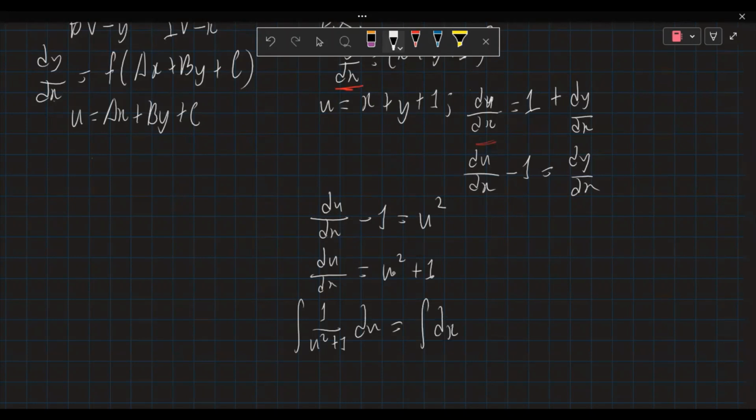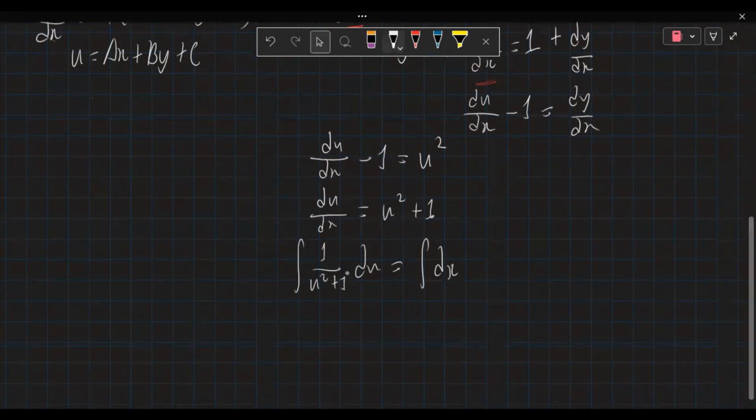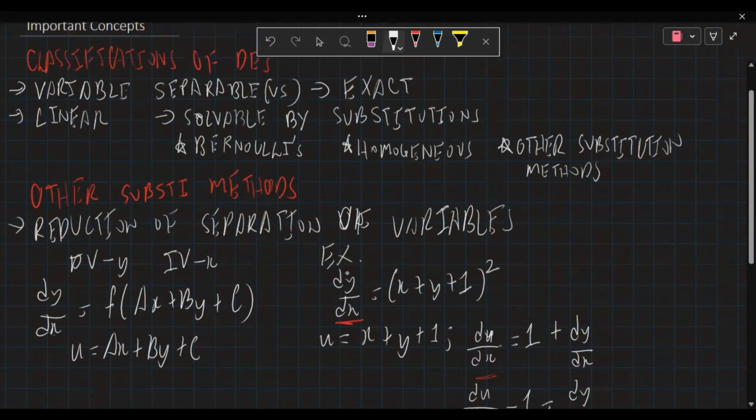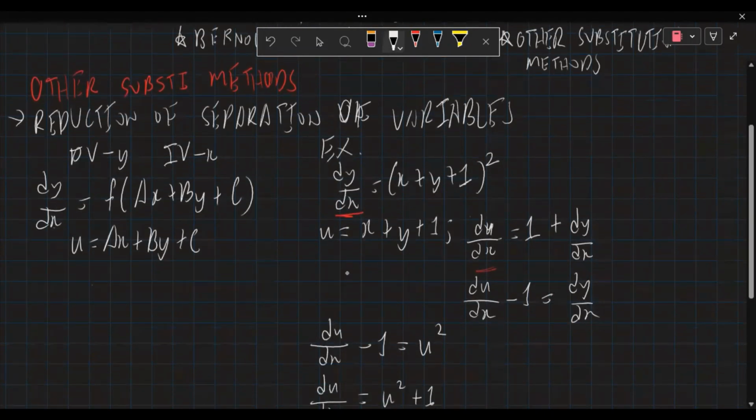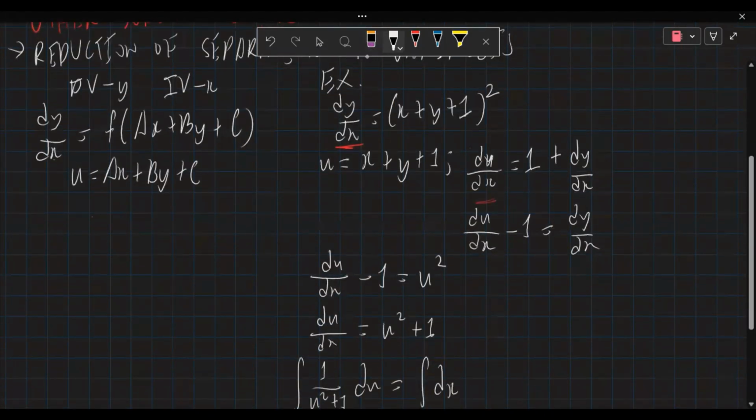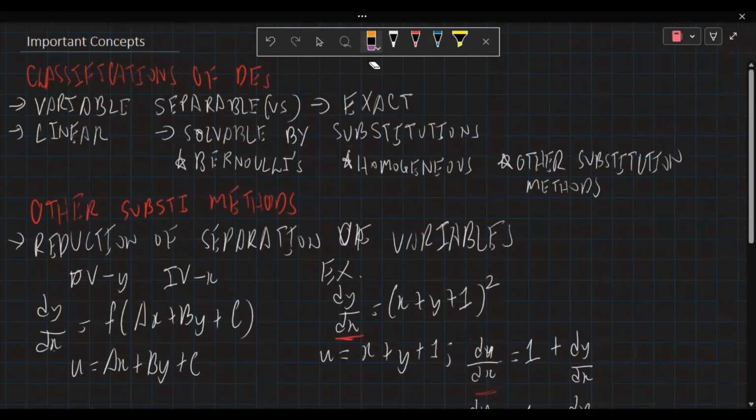Then from there, you substitute it back, u equals x plus y plus 1, once you've integrated all of it. And that's for reduction to separation of variables, apologies, reduction to separation of variables.